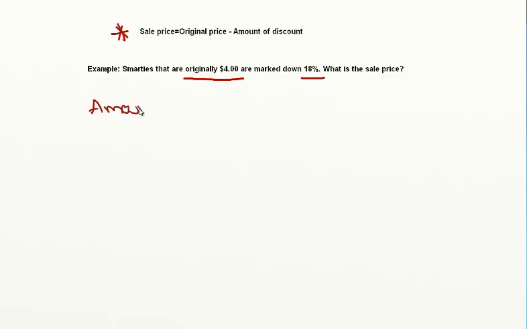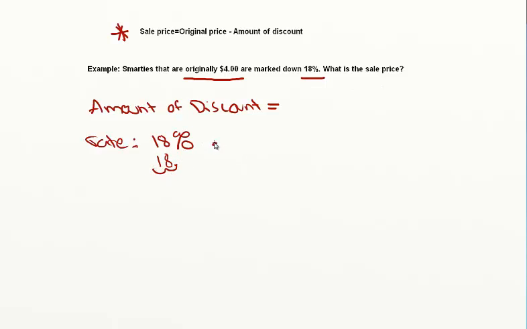So we want to figure that out. So the amount of discount is going to be the original price, and then we'll multiply that by the rate of discount. So our rate of discount is 18%. And if we want to convert that over to a decimal, we're just going to take this 18 and move the decimal over 2 spots.